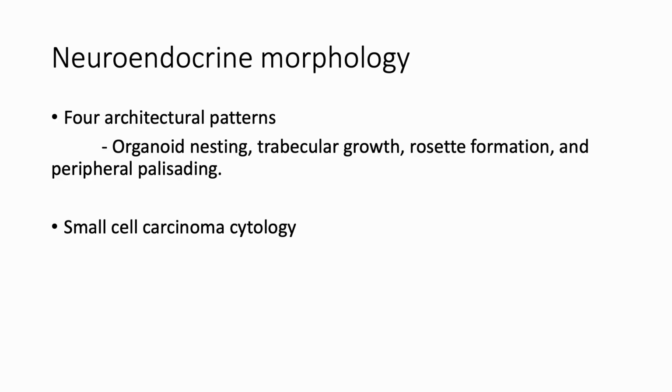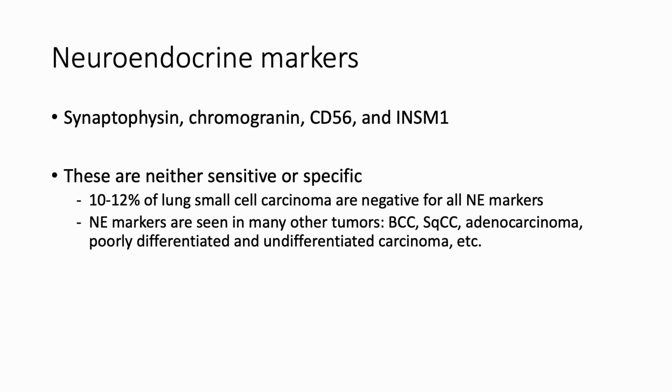When neuroendocrine morphology is present, we can do neuroendocrine markers to confirm neuroendocrine diagnosis. Neuroendocrine markers include synaptophysin, chromogranin, CD56, and the more recently introduced nuclear marker INSM1. However, none of these markers are sensitive or specific.